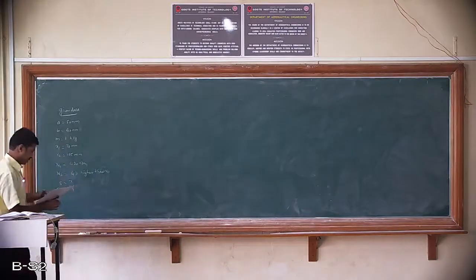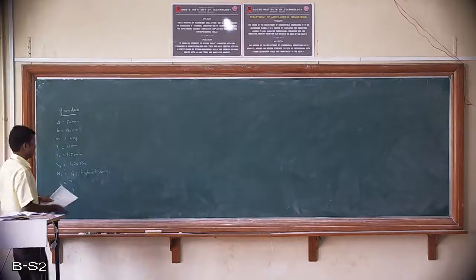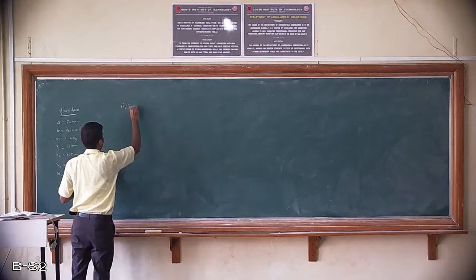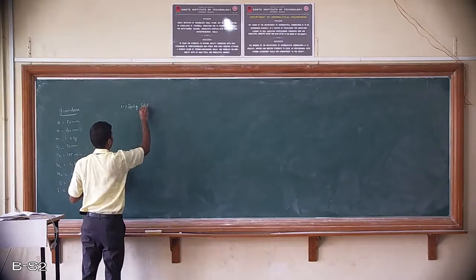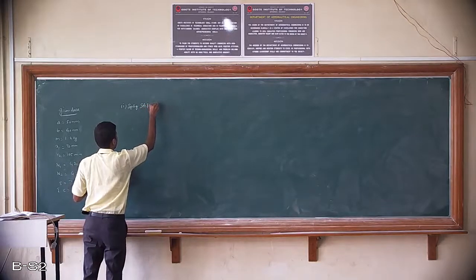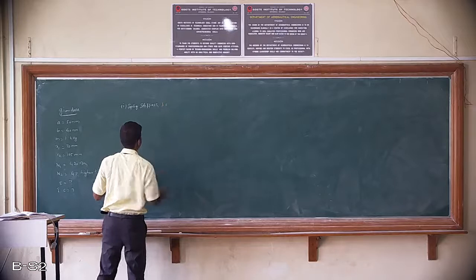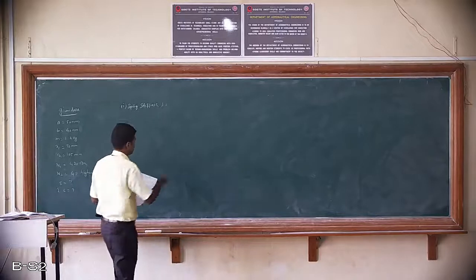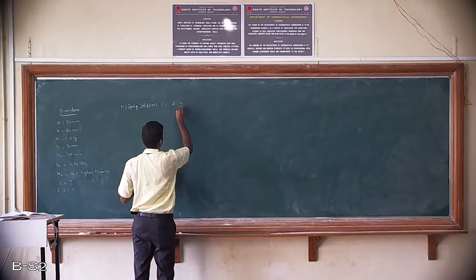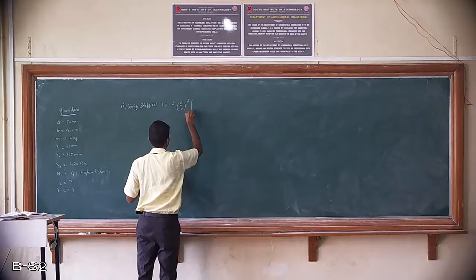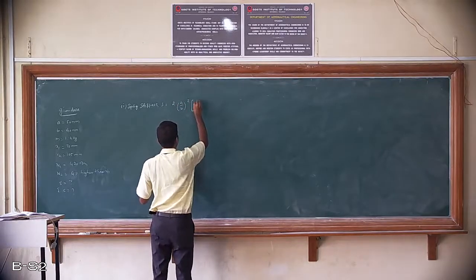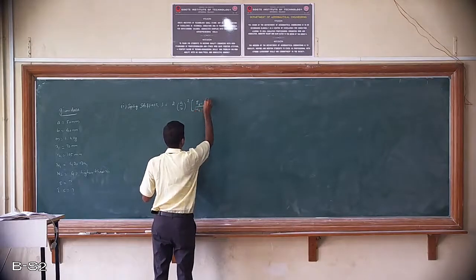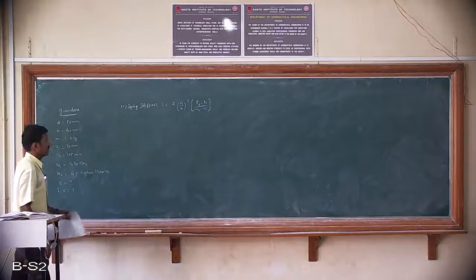The first thing asked is the spring stiffness, that is S. The equation for spring stiffness is already known: S is equal to 2 into (A by B) whole square into (F2 minus F1) divided by (R2 minus R1). This is the governing equation.